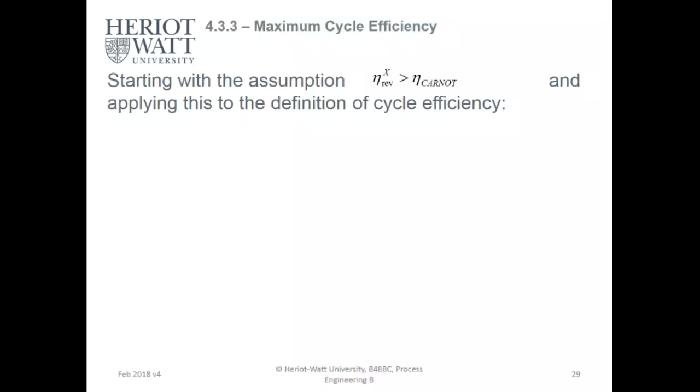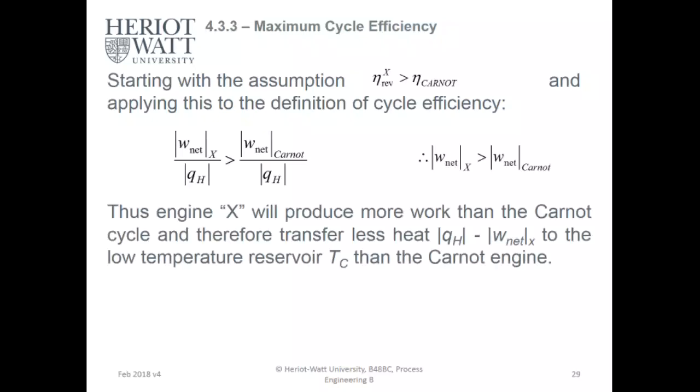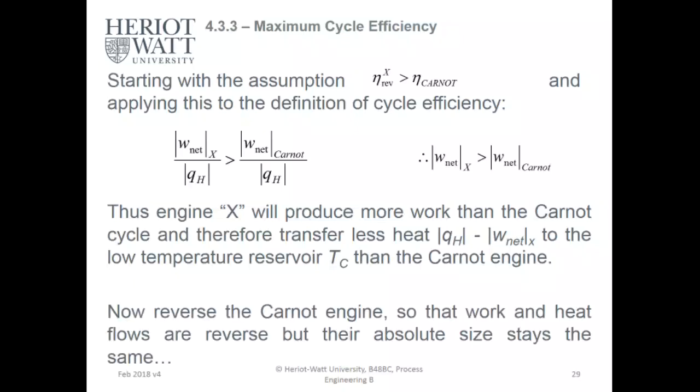Starting from the assumption that X is more efficient, and applying this to the definition of cycle efficiency, the net work of X over QH is larger than that of the Carnot cycle, hence the net work of X is larger than the net work of the Carnot cycle. So engine X will produce more work than the Carnot cycle and therefore transfer less heat to the low temperature reservoir TC than the Carnot engine.